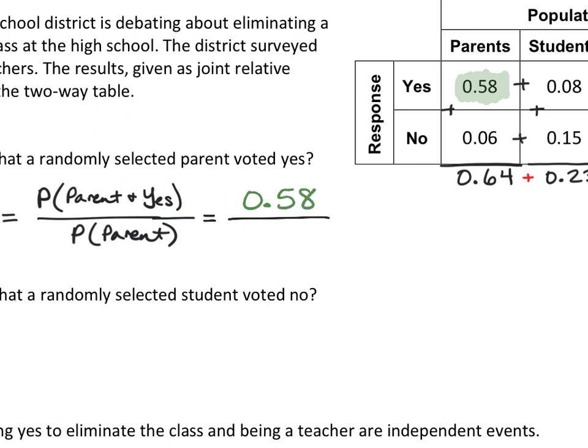Out of how many parents? What was the percentage of parents? 0.64. All right, that's the math we need to do today to answer this question. 58% of the 64% of parents voted yes. What is 0.58 divided by 0.64?